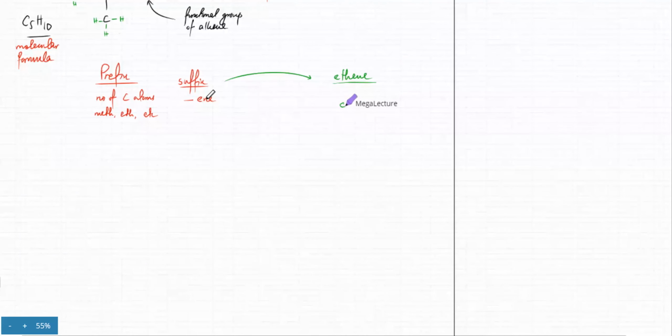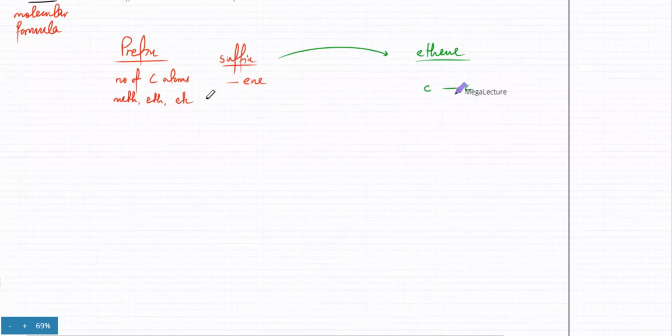And because it's an ene, it's an alkene, there's supposed to be a double bond somewhere, and there's no other place to put a double bond except between the two. This carbon would have two hydrogens, and this carbon also would have two hydrogens. So that's what ethene is. Similarly, propene would be very similar as well.